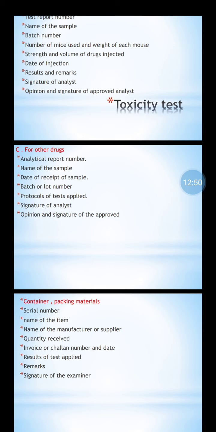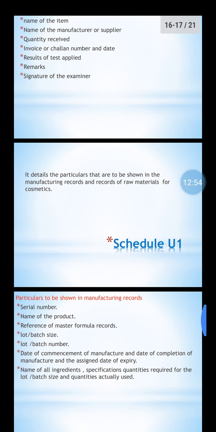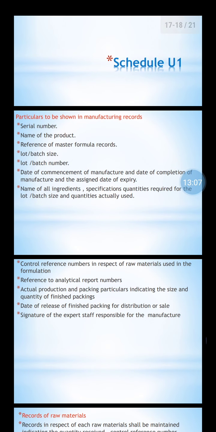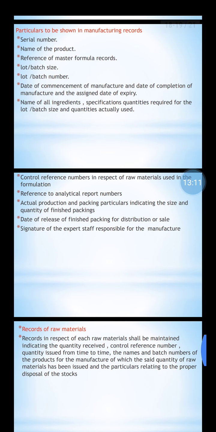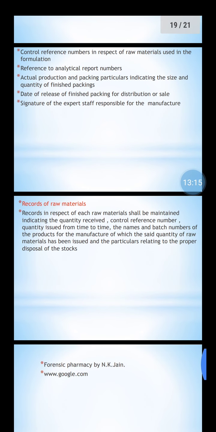Then for other drugs, container packaging materials, and you saw Schedule U1, that is the details of particulars that are to be shown in manufacturing records and records of the raw materials for cosmetics. In that, various particulars to be shown in manufacturing records, records of raw materials.